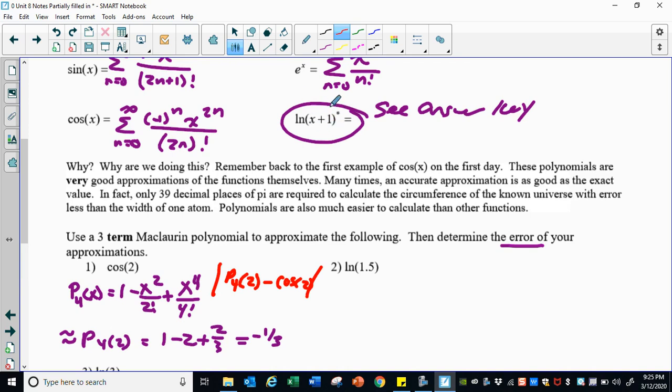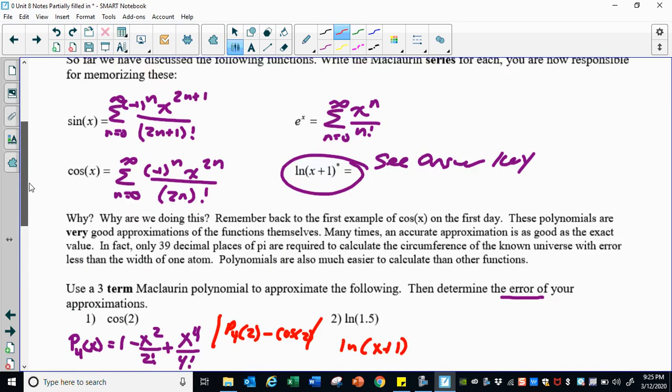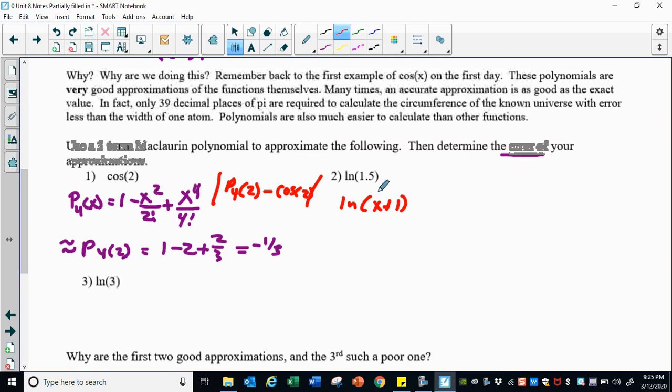I would take derivatives of this function and build the actual polynomial. But this is centered at 0. So when I have natural log of x plus 1, I would plug in 0.5 into this to come up with the approximation.